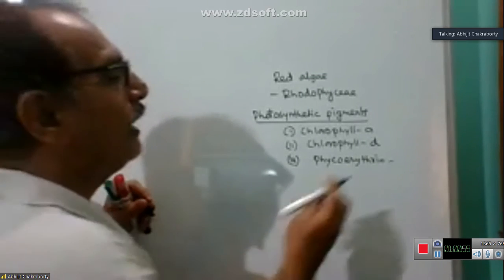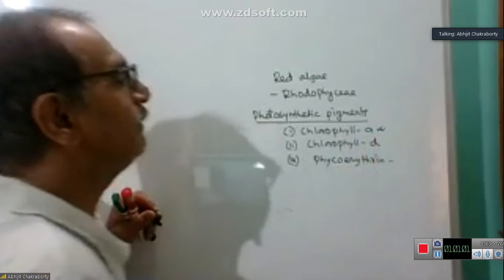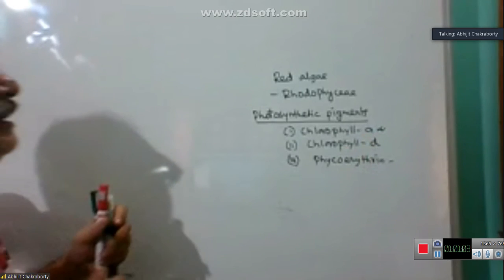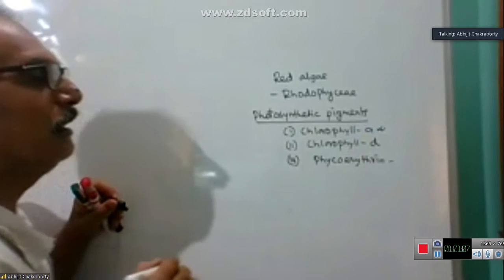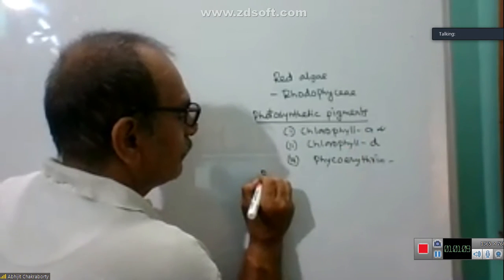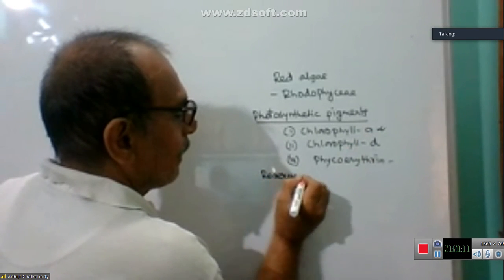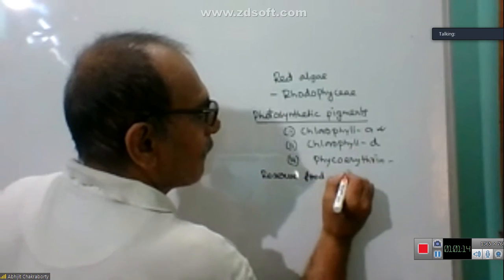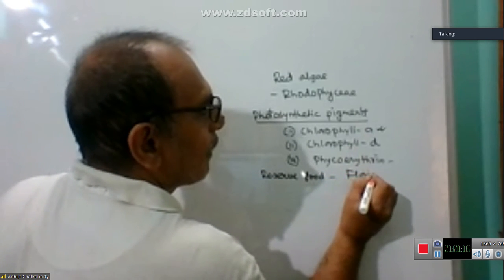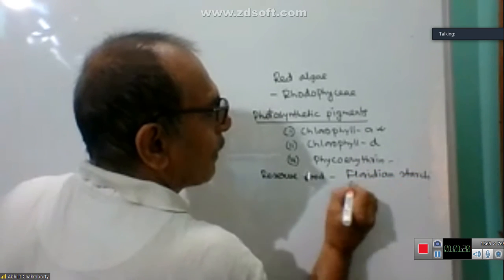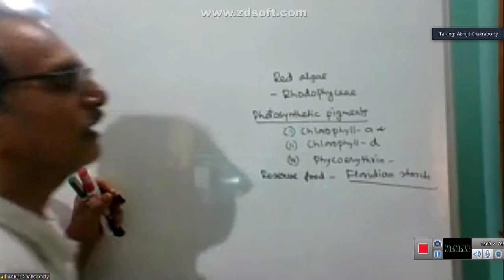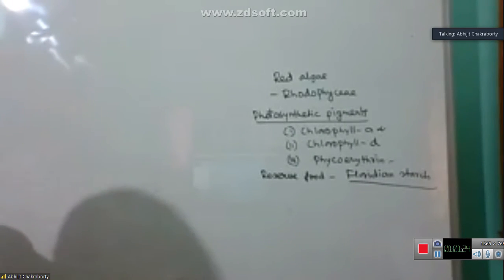Chlorophyll a is the universal pigment, and chlorophyll d is there. In red algae, the reserve food is floridean starch.